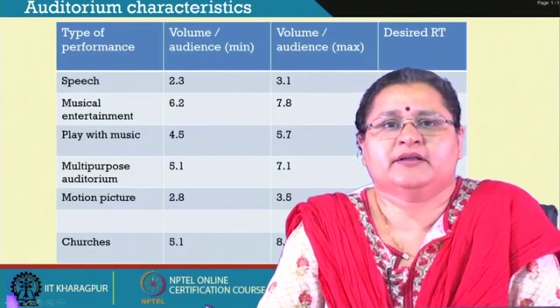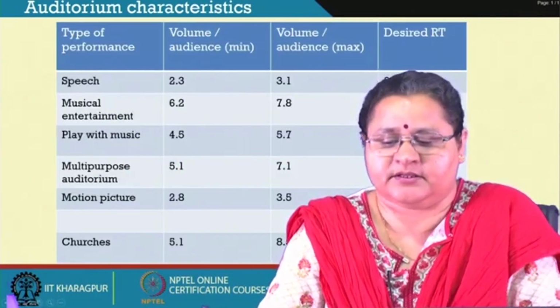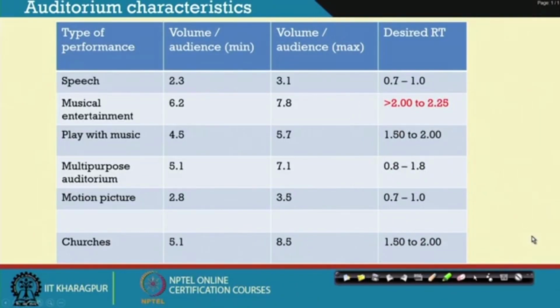So, coming to the other characteristic, which is the desired reverberation time and the volume per audience, we have a list here. For speech, you see the volume per audience is quite low, as well as the desired reverberation time, which is denoted by RT here, is also quite low compared to other performances, say musical entertainment, play with music, multipurpose auditorium, motion pictures.